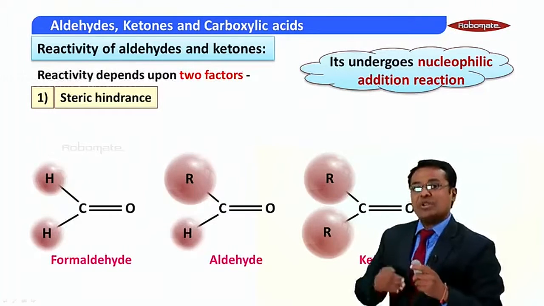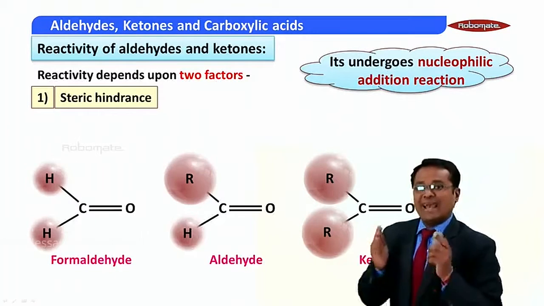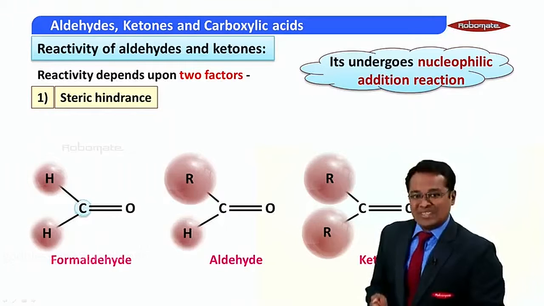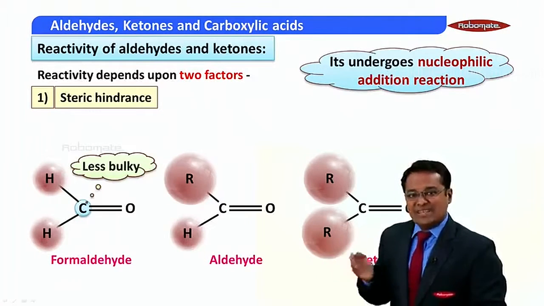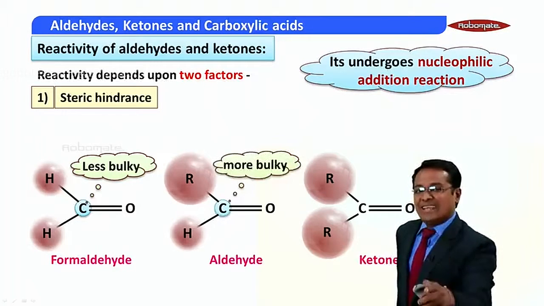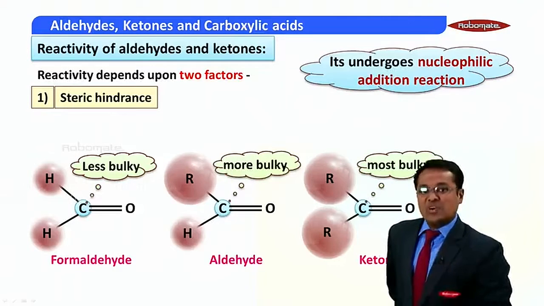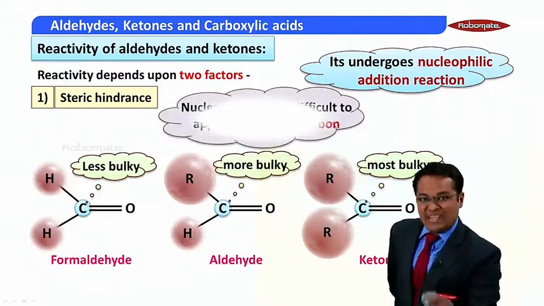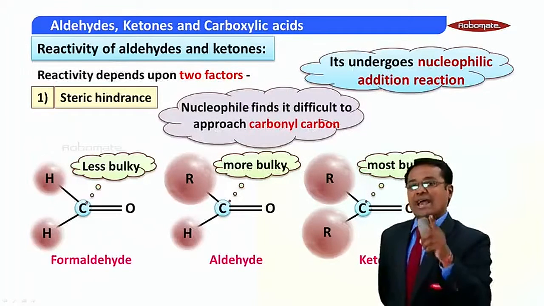Addition means something is going to be added, and when things are to be added, a space problem always comes. In our case, the first one is the least bulky, the second is more bulky, and in the third case, the ketone, it is the most bulky.